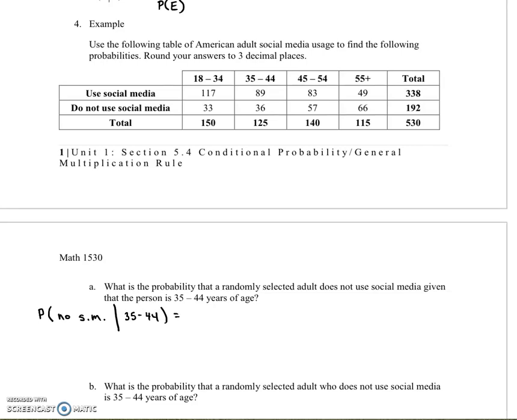Based on our rule, that's the probability of no social media and being 35 to 44, divided by the probability of being 35 to 44.